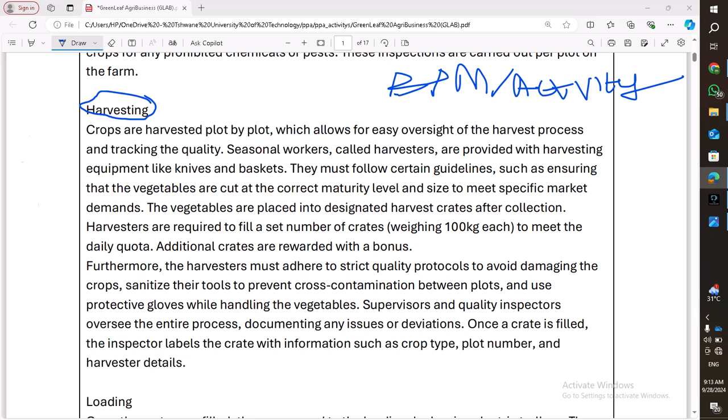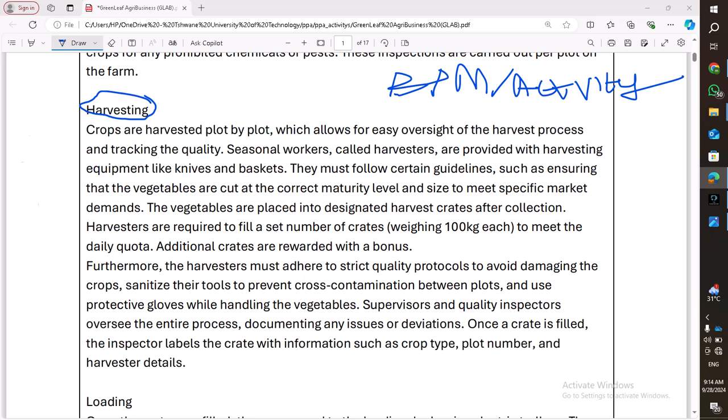They are told to prevent cross-contamination between plots and to use protective gloves while they handle the vegetables. Supervisors and quality controllers oversee the entire process, documenting any issues or deviations. Once a tray is filled, the inspector labels the trays with information such as the crop size, plot number, and harvest details.